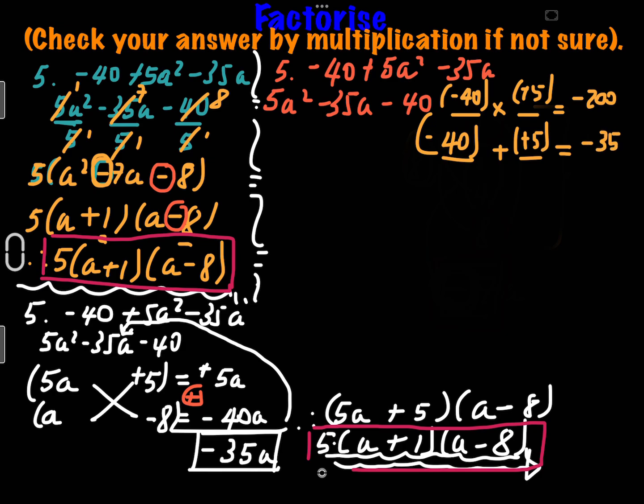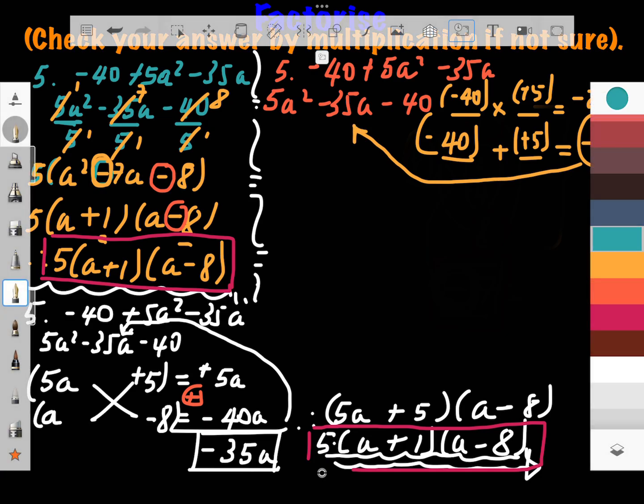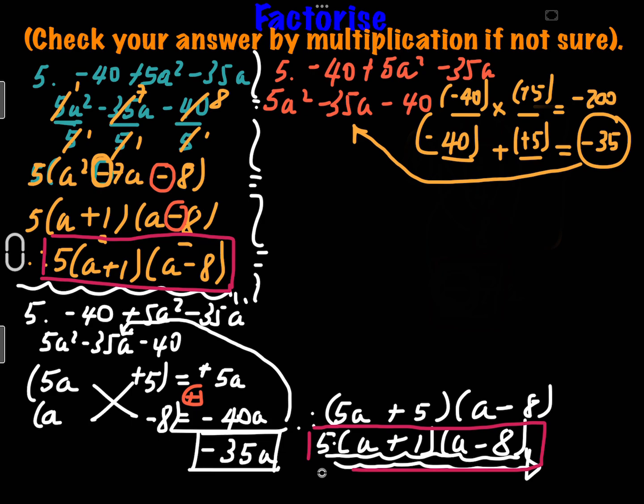Now if we see this identity matching this middle term, then we can start splitting this middle term.